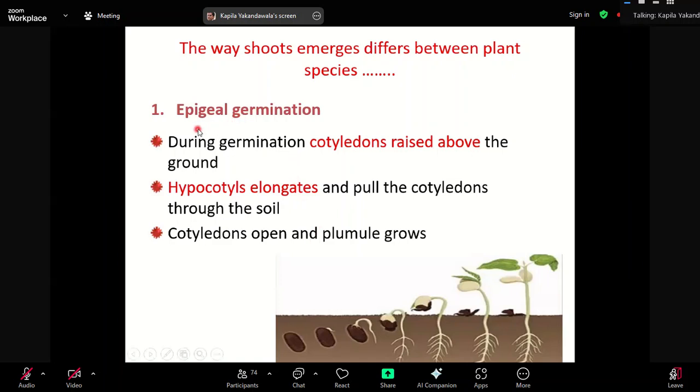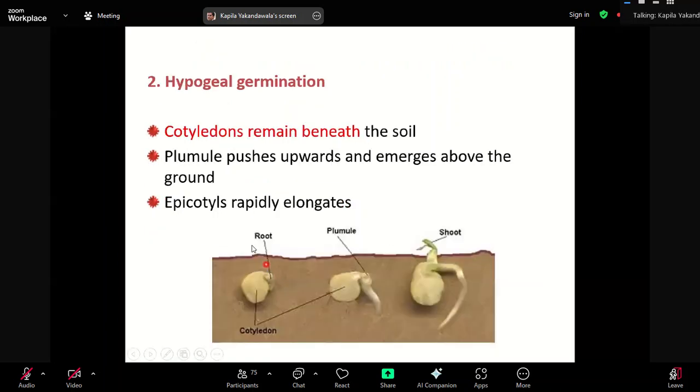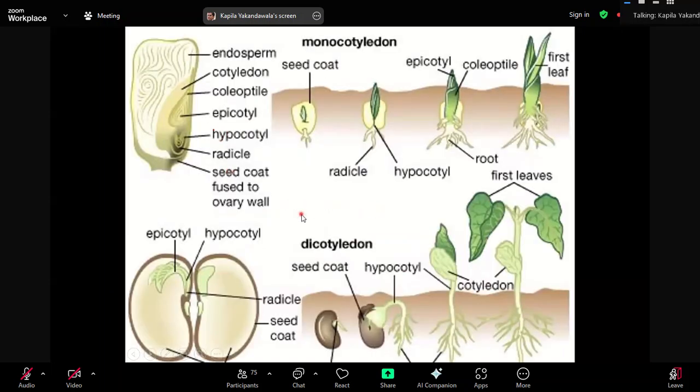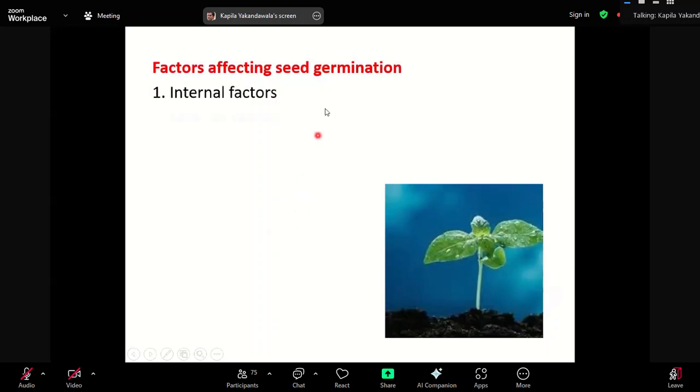In epigeal germination, the cotyledons rise above the soil. So we call it epigeal germination. The opposite is hypogeal germination. Hypo means below. The cotyledons remain under the soil, below the soil. So it is called hypogeal germination. Right? These details are given in the book.